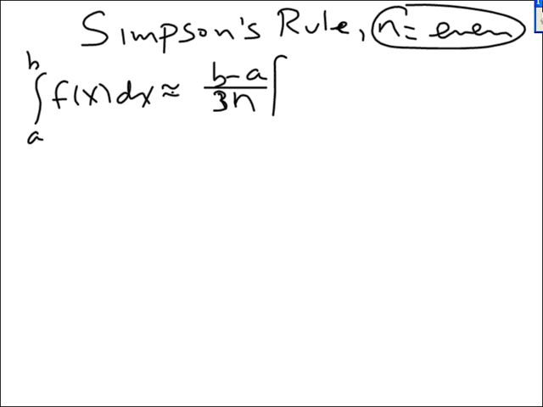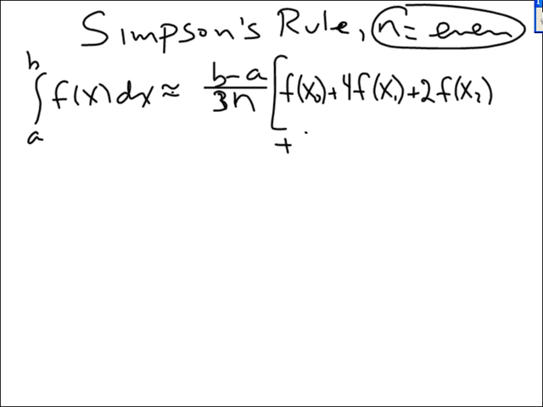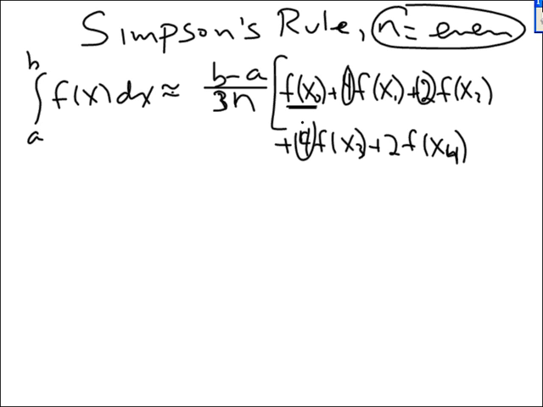And then you multiply by f of the left endpoint plus 4 times f of the next endpoint, and then 2 times f of the next endpoint, and then 4 times f of the next endpoint, and then 2 times f of the next endpoint. Other than the first one, the numbers in front oscillate: 4, 2, 4, 2, etc. all the way down to the next to the last one.